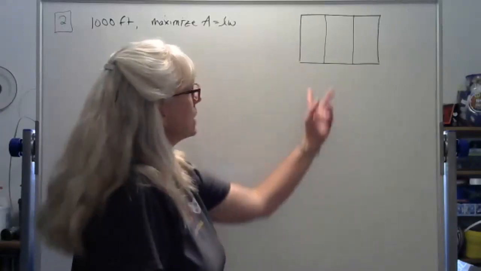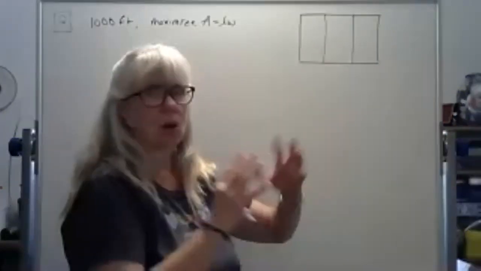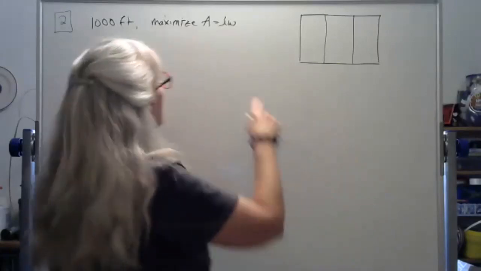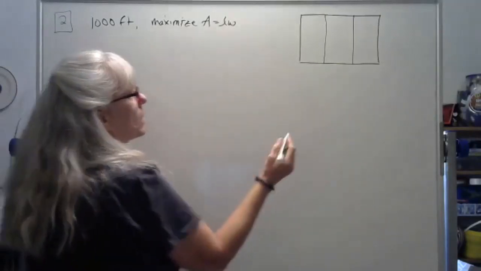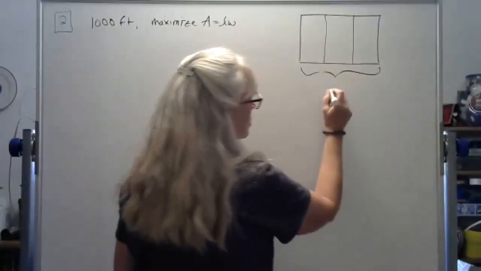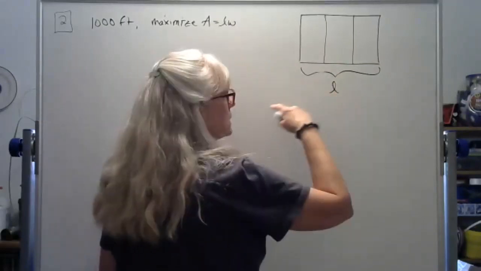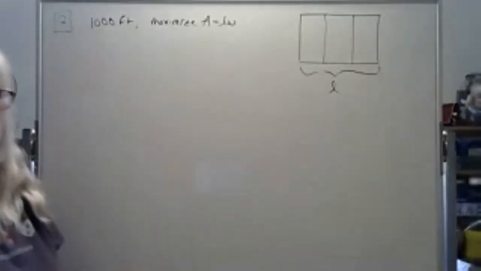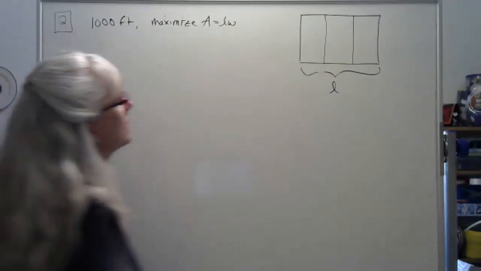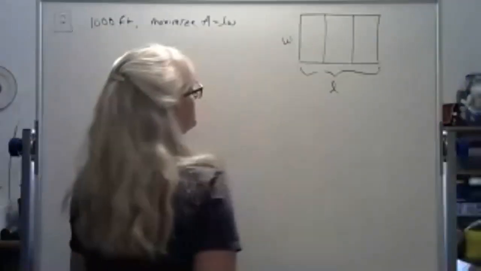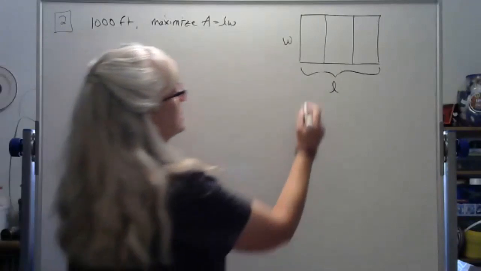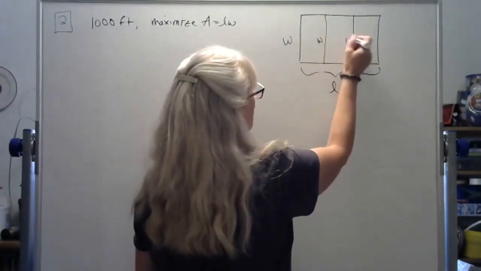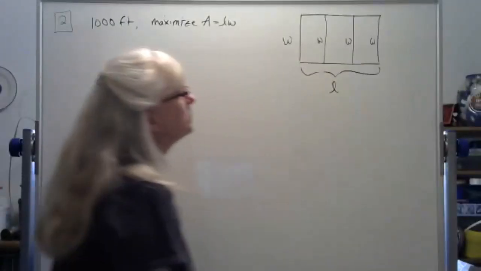Now, putting the inside fencing doesn't affect the overall area, so my area truly is still my length times my width. For my picture, I always let the entire distance be the length, never split it up. It gets ugly with fractions. And then this side over here is still going to be W. Well, then that means that this is W, this is W, that's W.